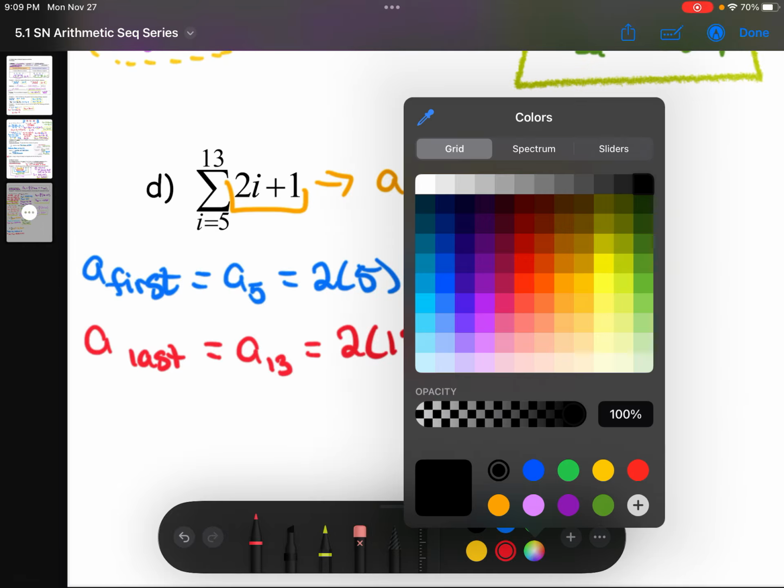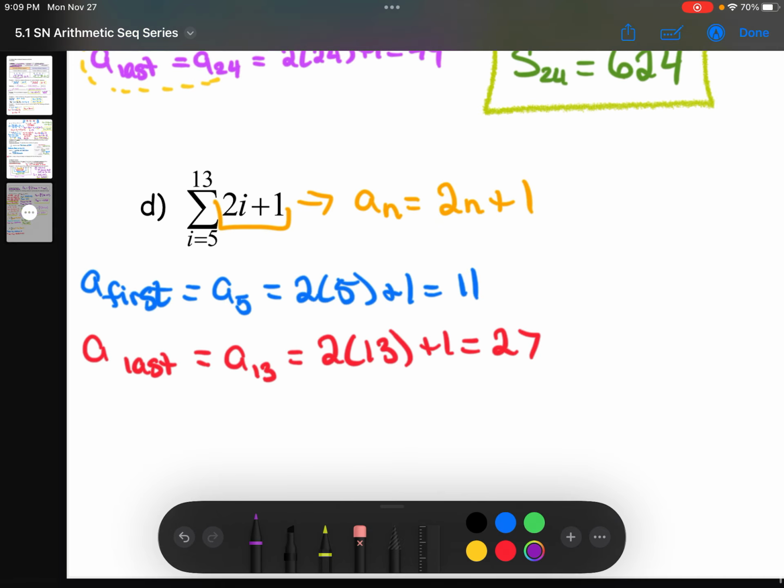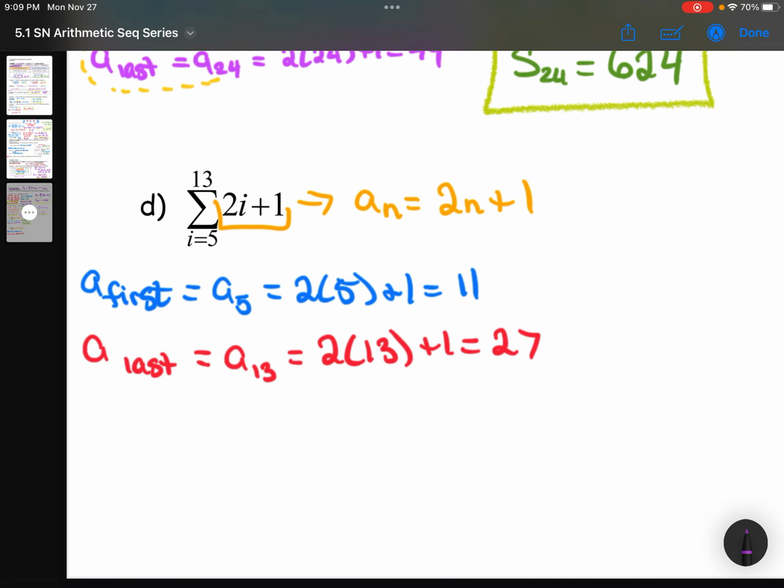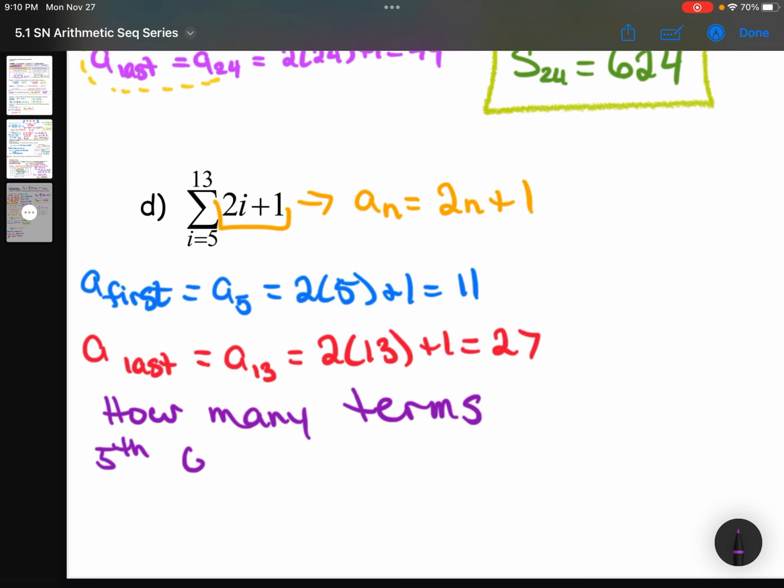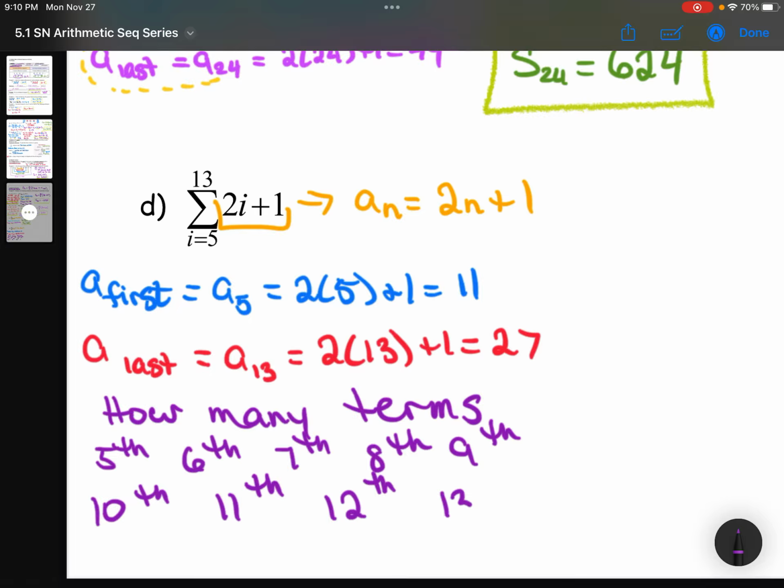Now, what we need to figure out is how many terms. Don't get confused by that 13 on the top because we don't start with 1. So the fifth term is our first one, then 6th, 7th, 8th, 9th, 10th, yes, there's a reason for my madness here, 11th, 12th, 13th.